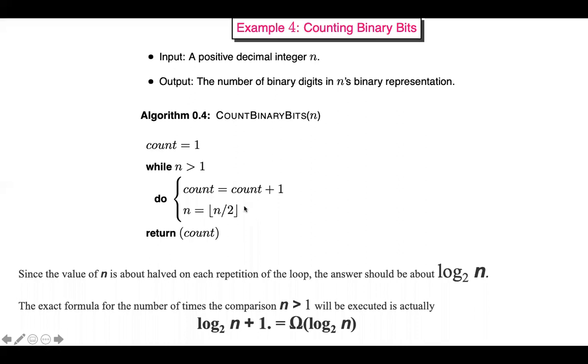Once you enter the while loop, these two statements will be executed. Once this condition, n greater than 1, becomes true, we enter this while loop, and these two instructions will be executed. Are these two things the basic operation, or n greater than 1? Can we consider this as the basic operation?